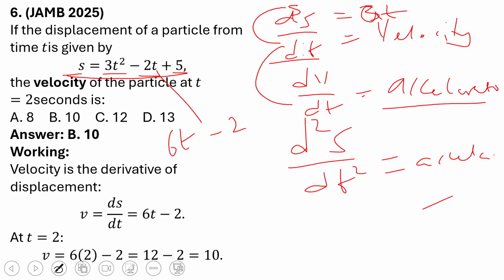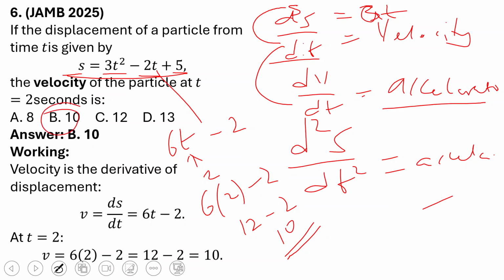If I put 2 as t in this expression, I will have 6 times 2 minus 2. 6 times 2 is 12, minus 2 is 10. So 10 is the velocity in this particular problem. So B is the answer.